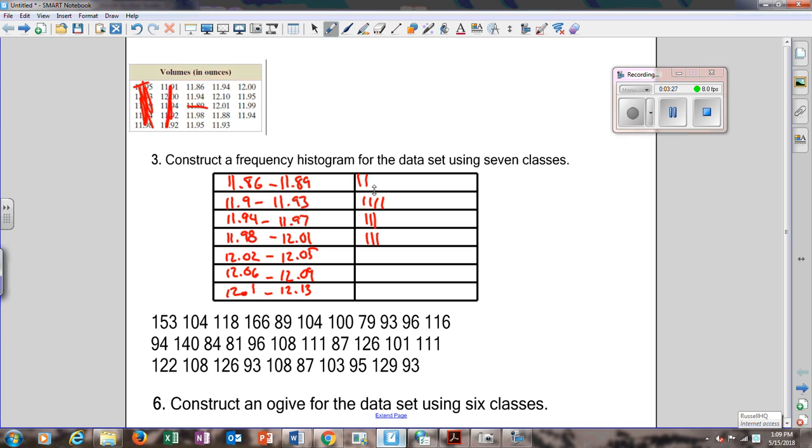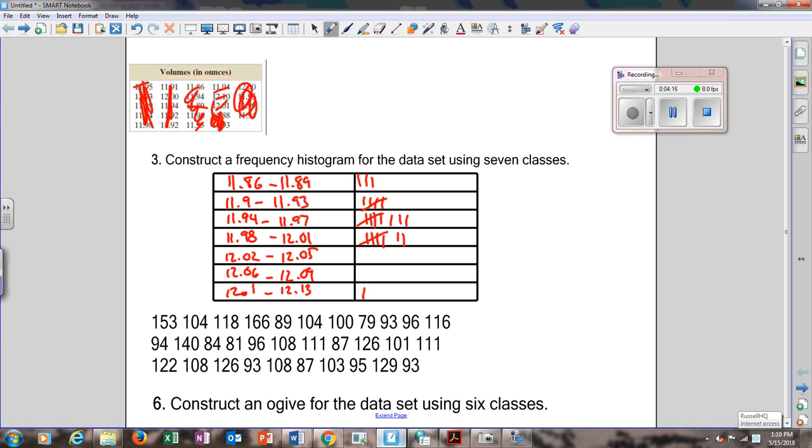11.86, 94, 98, 95. That one's done. 94, 12.1, 12.01, 11.88, 11.93, 12.0, 11.95, 11.99, 11.94.